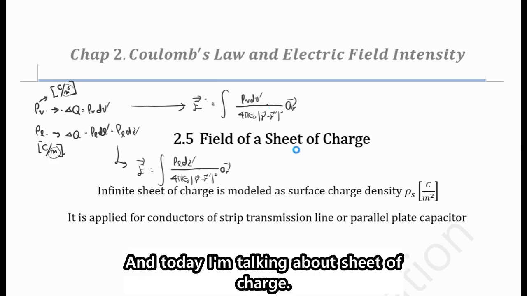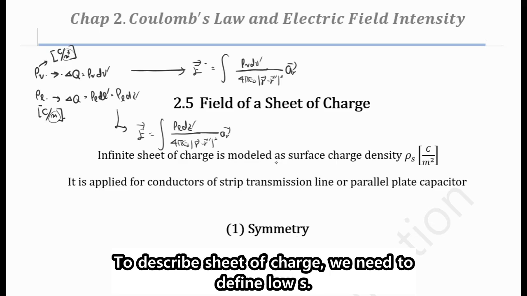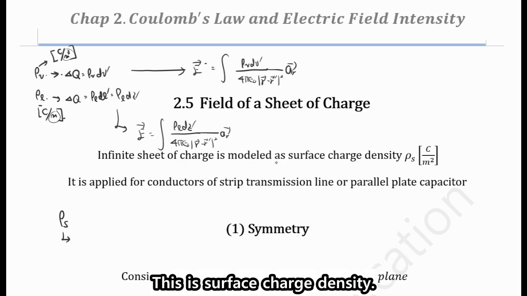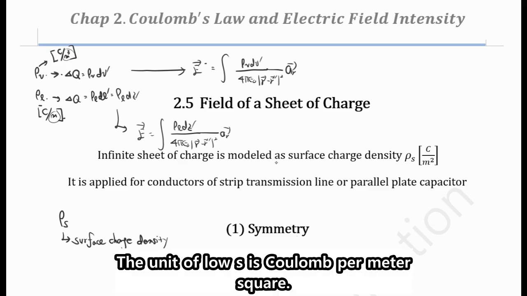And today I'm talking about a sheet of charge. To describe a sheet of charge, we need to define rho S, the surface charge density. The unit of rho S is coulomb per meter squared.